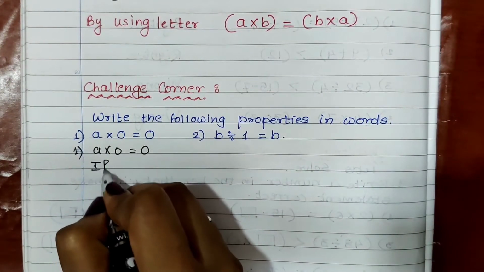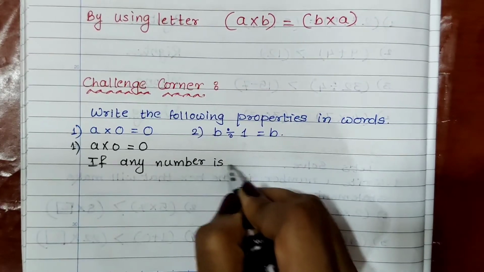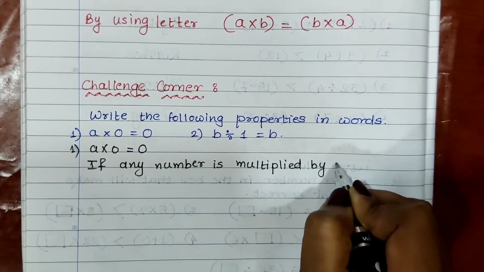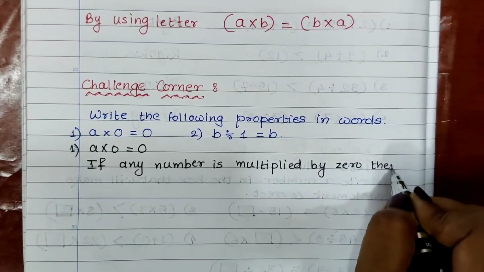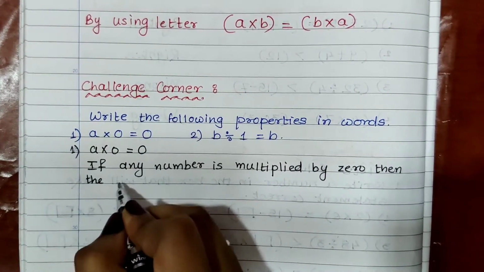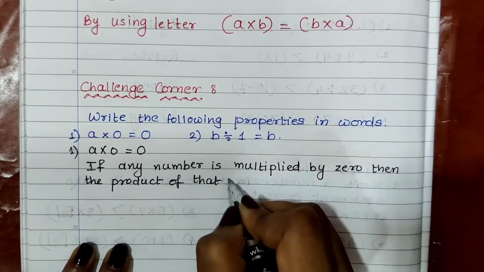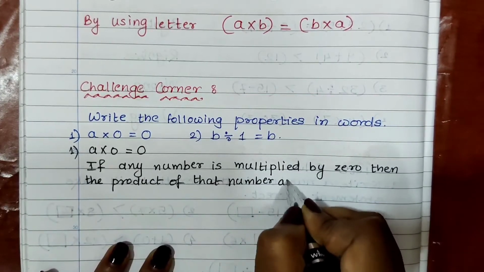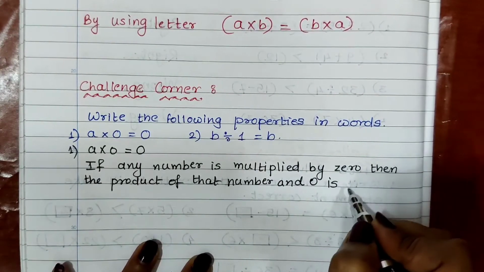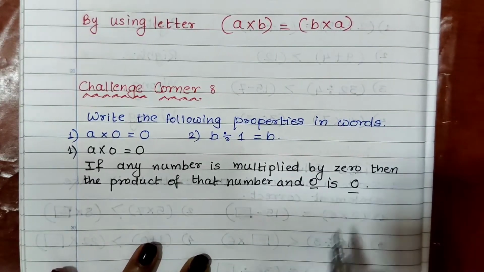We can write it as, if any number is multiplied by 0, then the product of that number and 0 is 0.